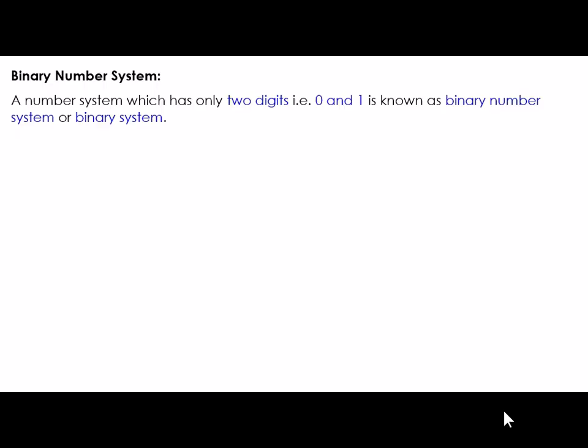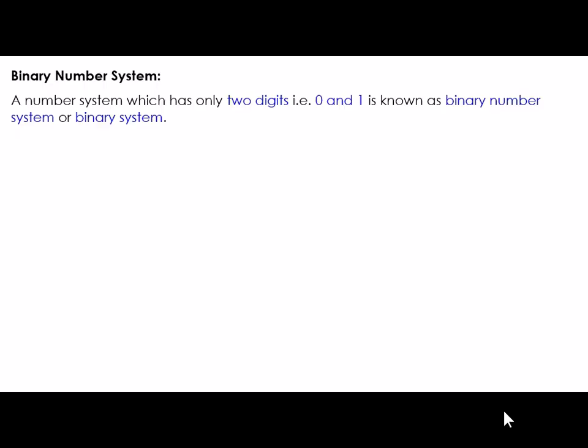But the problem arises when you have to give some information to the computer, or when you want the computer to understand some other numbers, for example 6, 7, 9 or 10. How to give those inputs to that system?